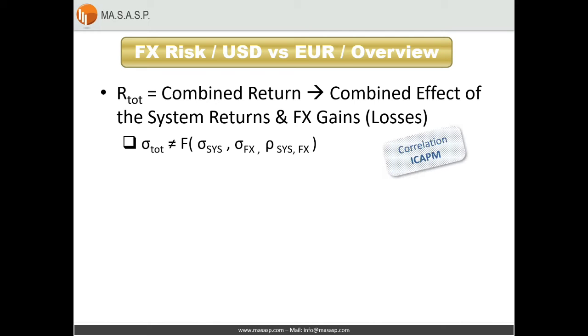According to the International Capital Asset Pricing Model, all stock indexes are slightly negatively correlated to their currency. Though it is not sufficient to compute the correlation between the stock index and the currency in order to estimate the combined effect. In fact, there is no easy closed form solution for that.